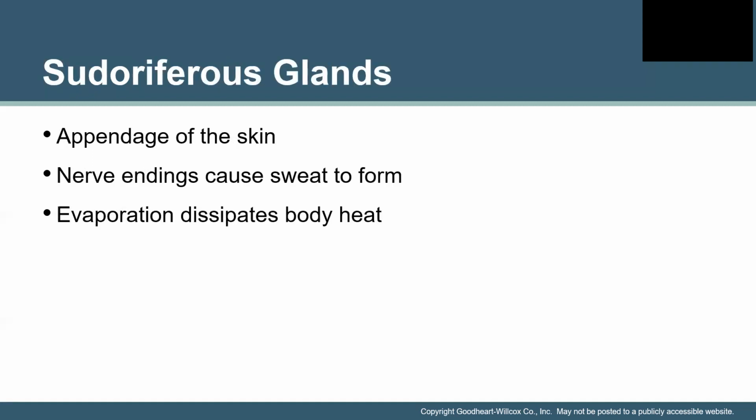Now, let's go through some of the supporting or accessory structures within the integument. Within the integument, we have sudoriferous glands or sweat glands, sebaceous or oil glands, and we already mentioned hair and nails.